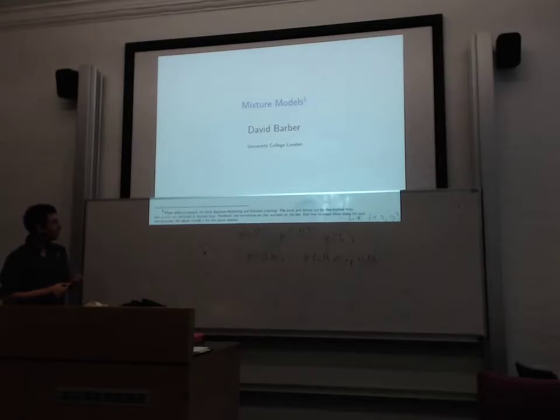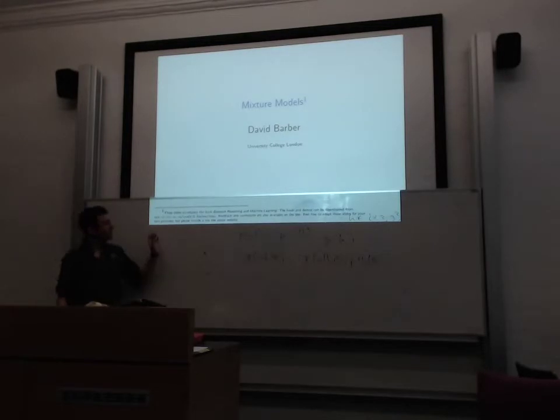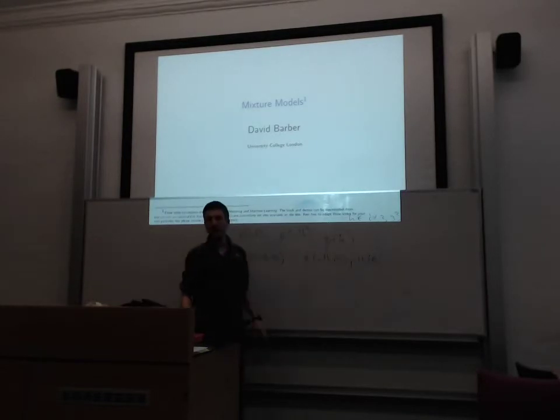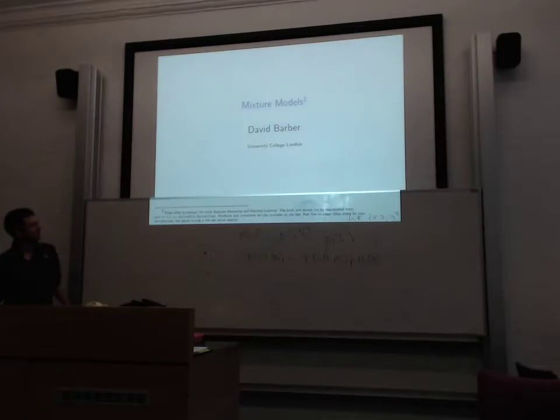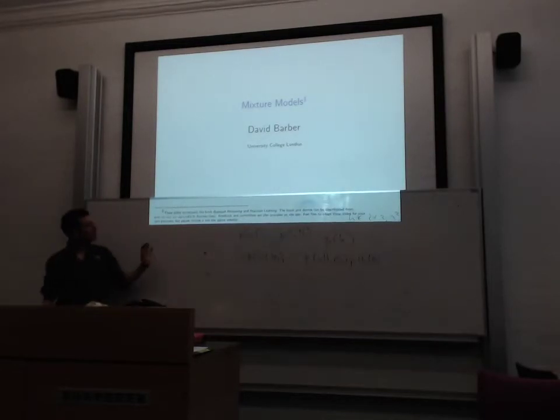Another thing I want to observe is that in these discrete mixture models, where H is just an index from the integer set, it doesn't matter if we call this cluster number 3 and this cluster number 1, or this cluster number 1 and this cluster number 3. It's just indexing.